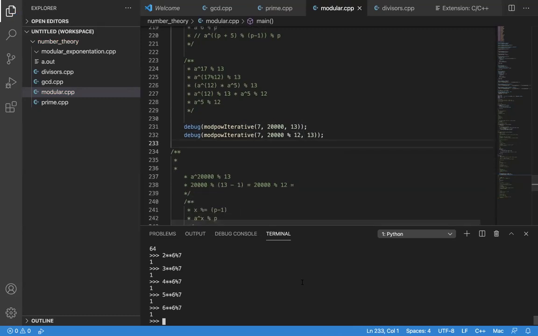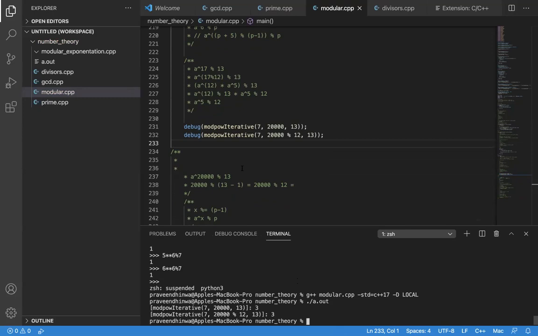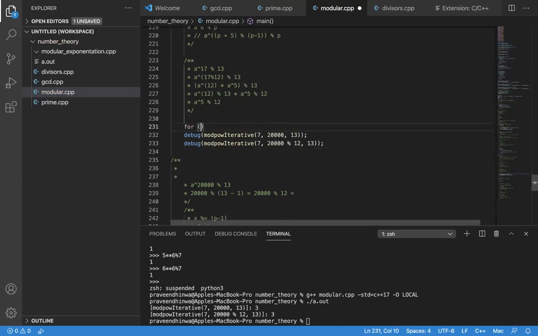So let's run this program. This answer is 3, 3. In fact, these two numbers should be the same for any number a from 1 to less than p, a plus plus.